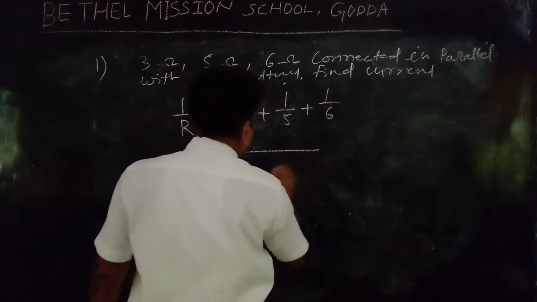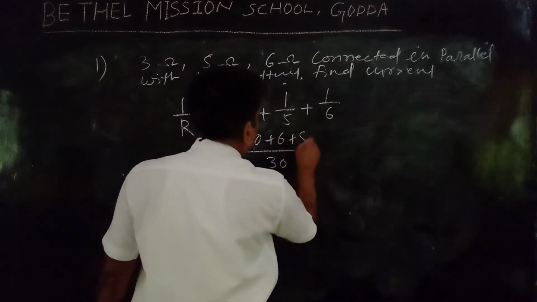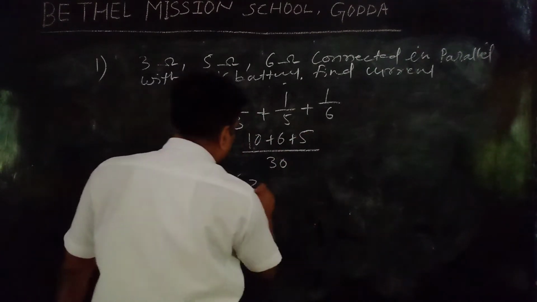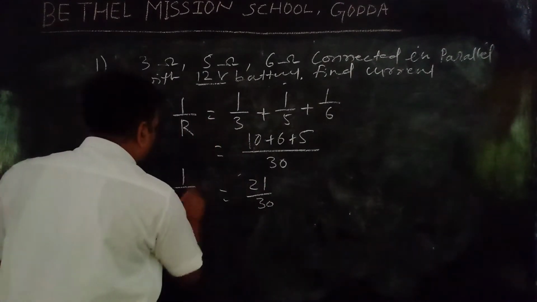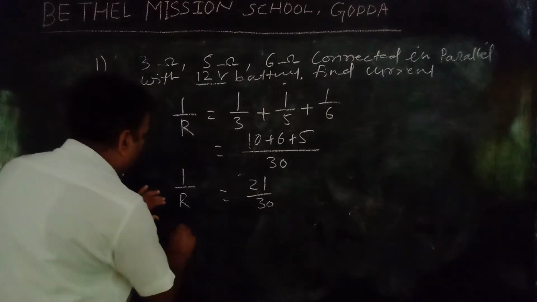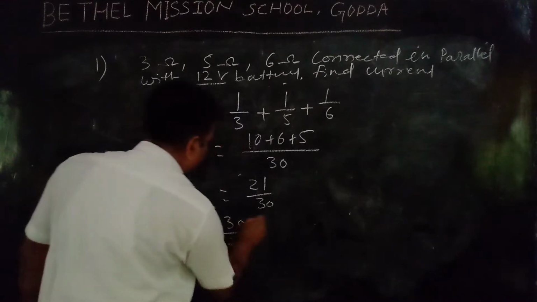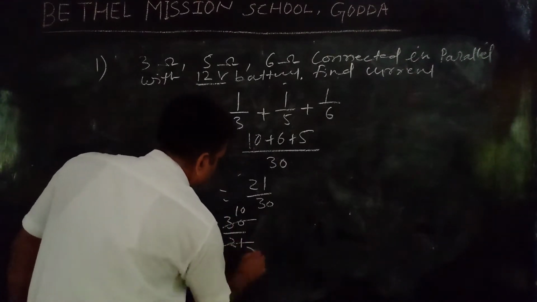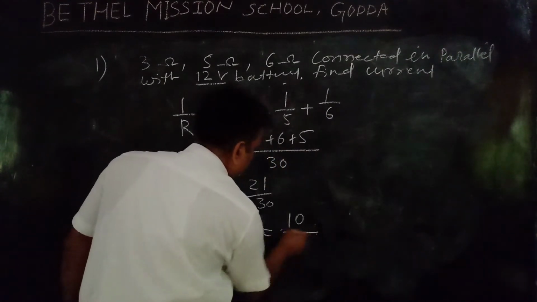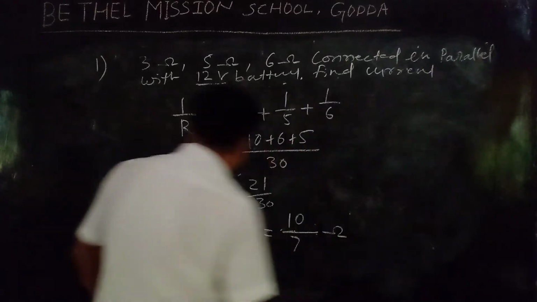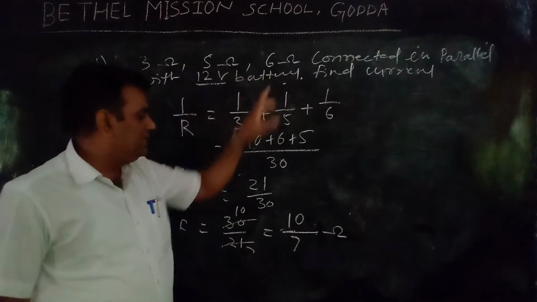Take the LCM, which is 30: 10, 6, 5, that is 21 upon 30. This is 1 upon R. Now R equals 30 upon 21, which is 10 upon 7.